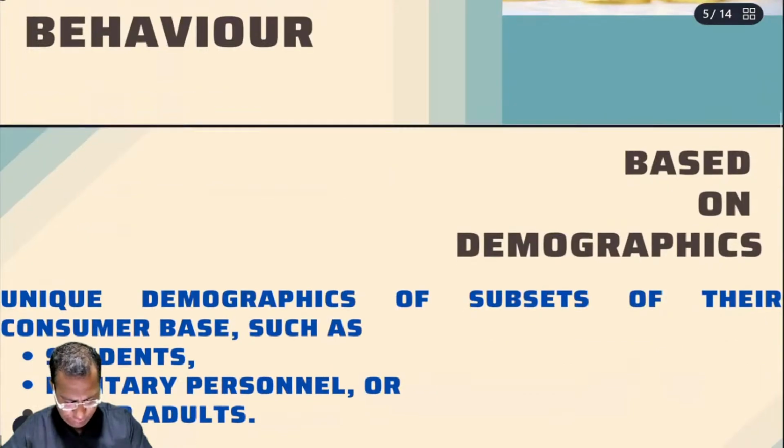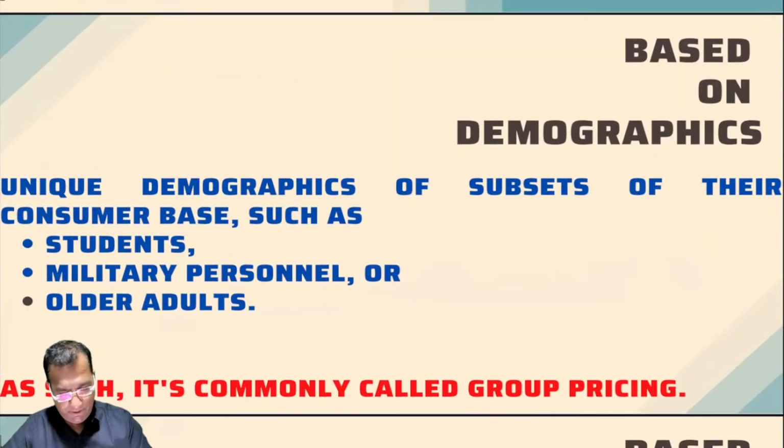Now this is very, very, very important, beta. Third point, based on demographics. This is very important. Based on demographics. Please write down this word. Based on demographics, you can differentiate the price.